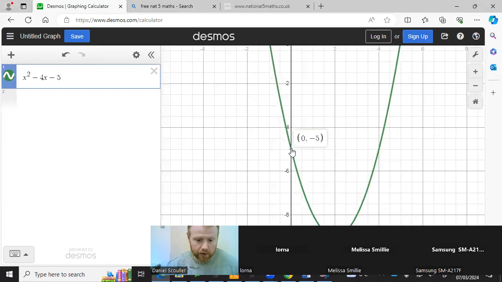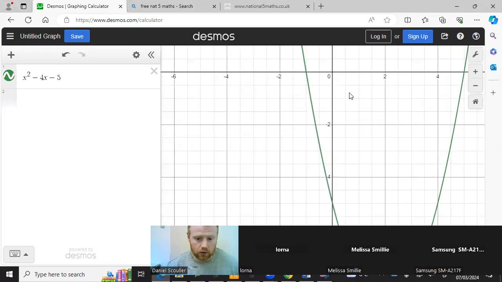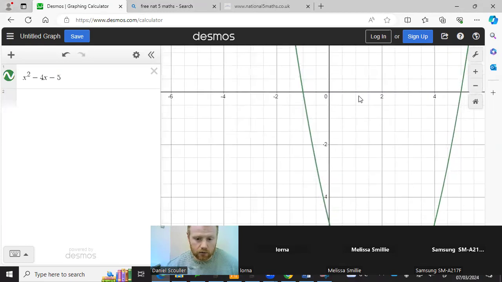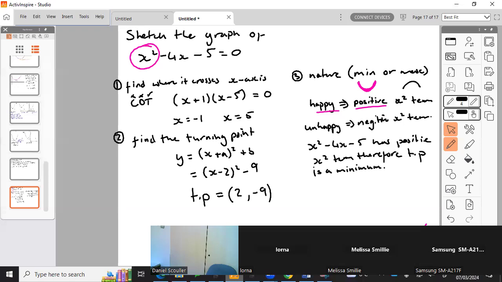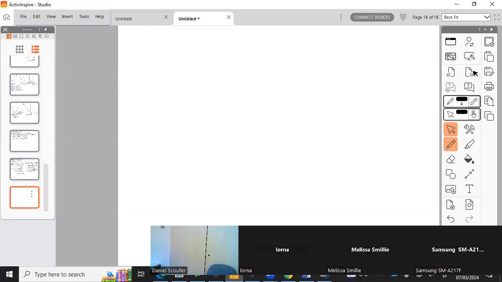It crosses the y-axis when x is equal to 0. So your x coordinate is 0.